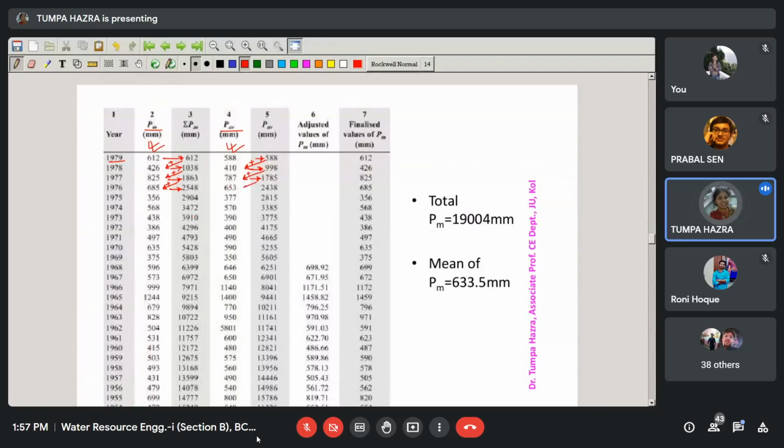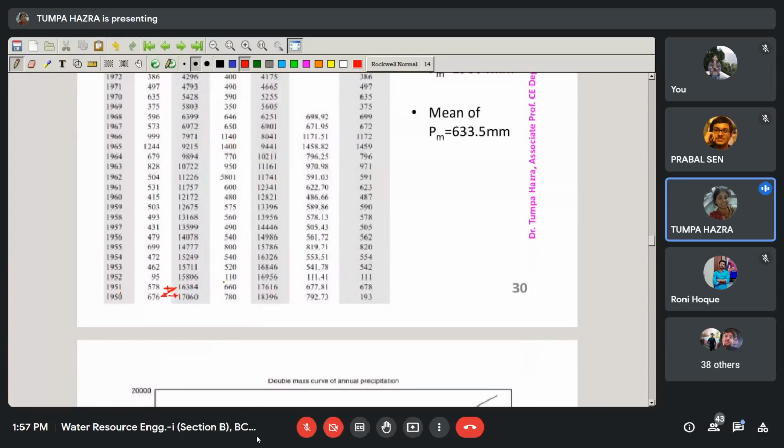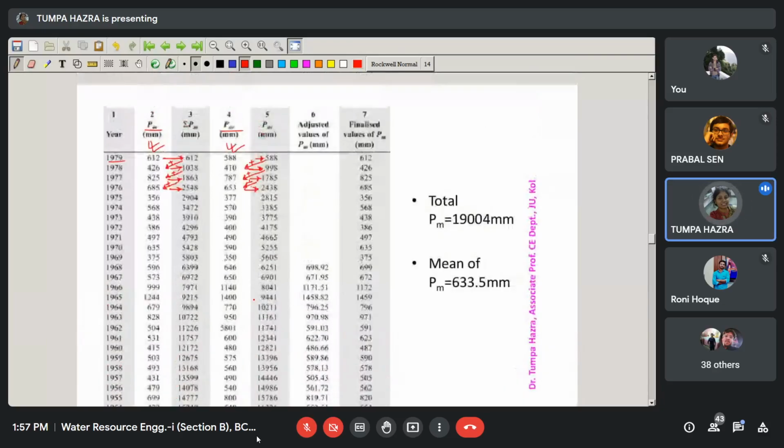So in this way you will calculate. The last entry plus 780 will be the last entry. So in this way you will calculate the accumulated precipitations for different years.